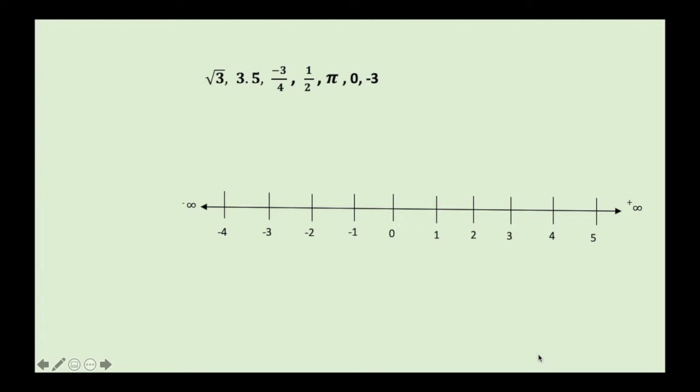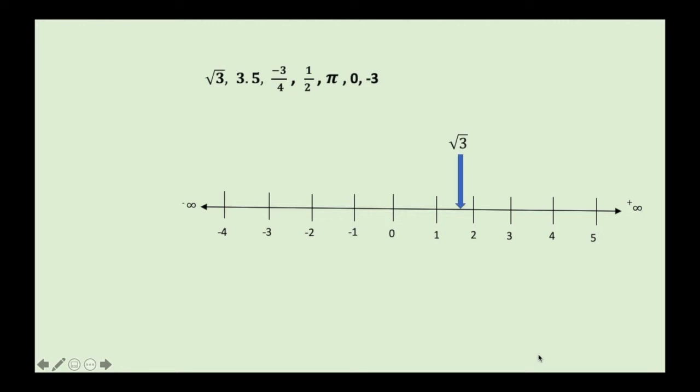So let's begin. Let's start with the positive square root of 3. Now the square root of 3 is an irrational number and is approximately equal to 1.73 to 2 decimal places. It is between the numbers 1 and 2 on the number line, but closer to 2 than to 1. So let's place it here.